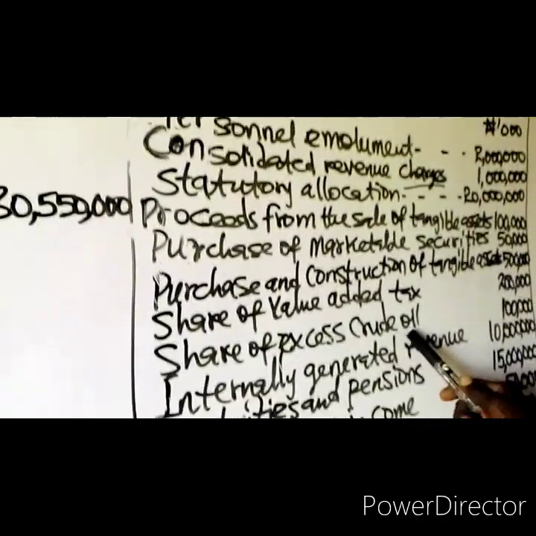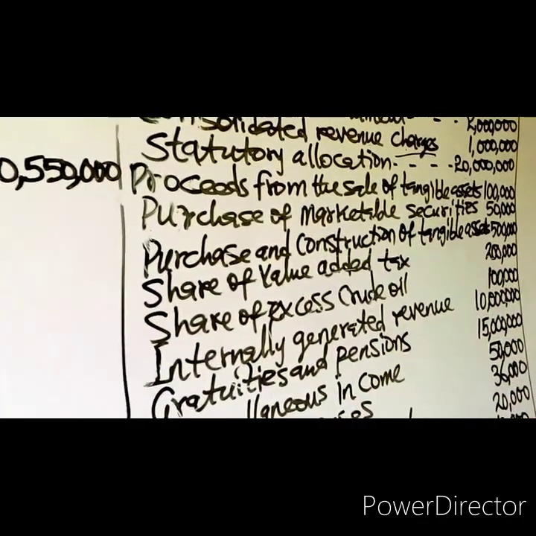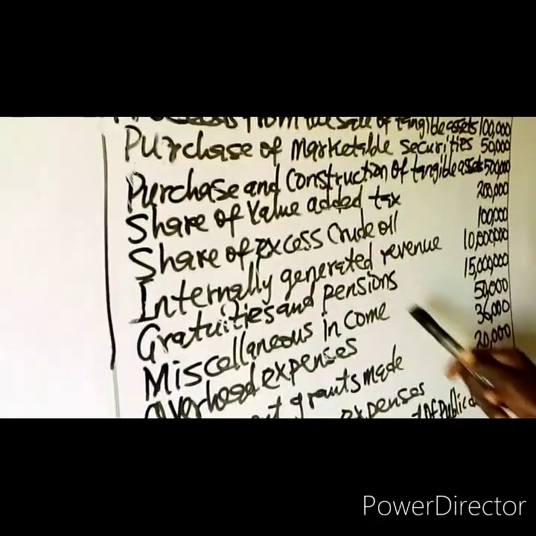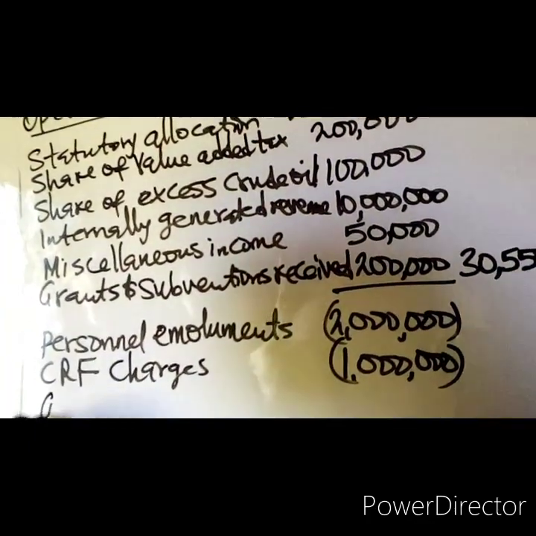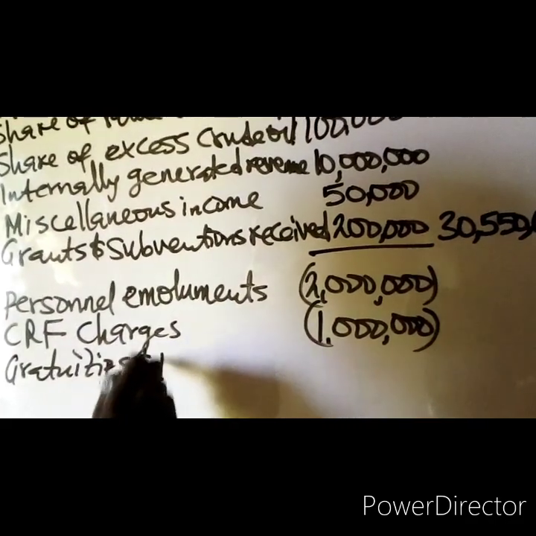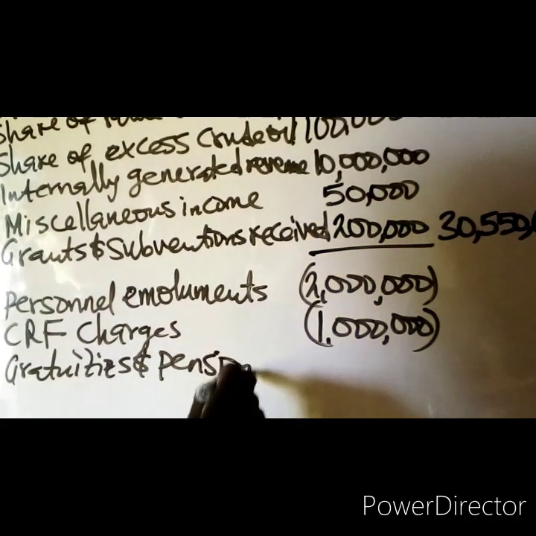Share of excess crude oil has equally been considered. Internally generated revenue has equally been considered. Gratuities and pensions, and that is 50 million.